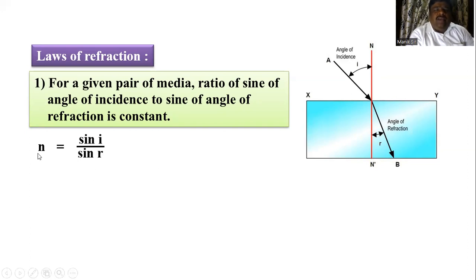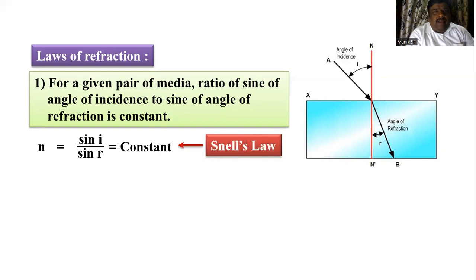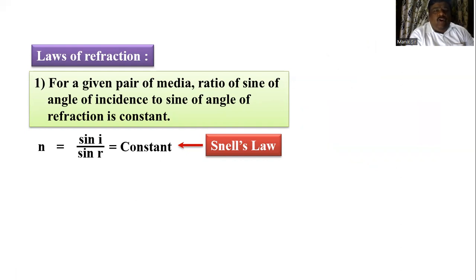So n is equal to sin i upon sin r, and this n is called refractive index. Sometimes it is indicated as mu also. Refractive index दाखवण्यासाठी n हा पण सिंबॉल आहे आणि mu हा पण सिंबॉल आहे. This law is given by Snell, so it is called Snell's law.